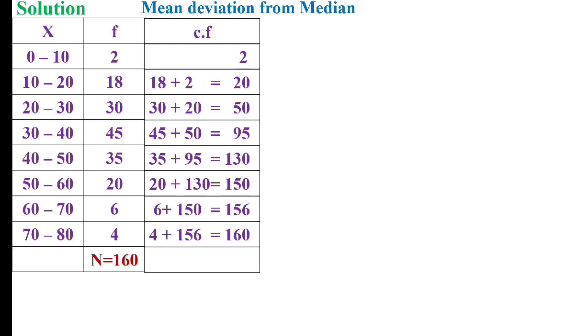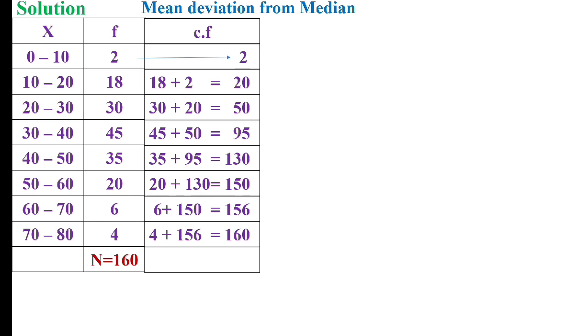Then we have to find the median, because it is the mean deviation from the median. The formula uses the n by 2 term. N is 160, 160 divided by 2 is the 80th term. The 80th term lies between 50 and 95, and the maximum is 95. For that, the class interval is 30 to 40. Therefore the median class is 30 to 40.